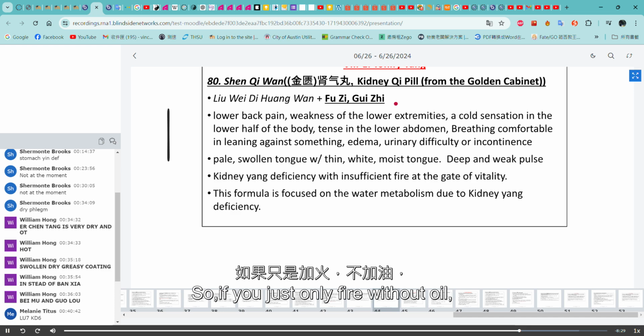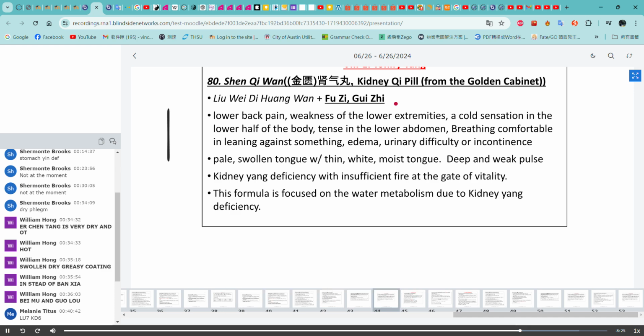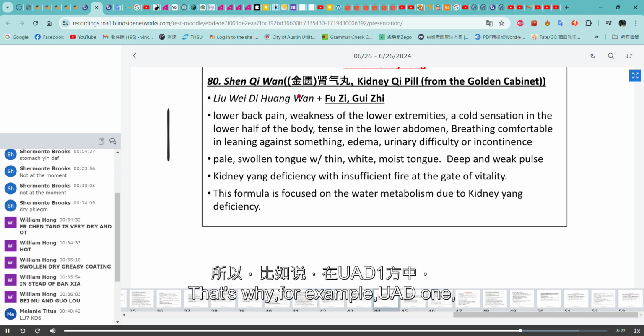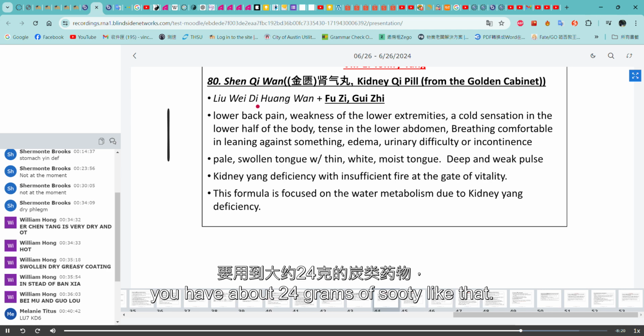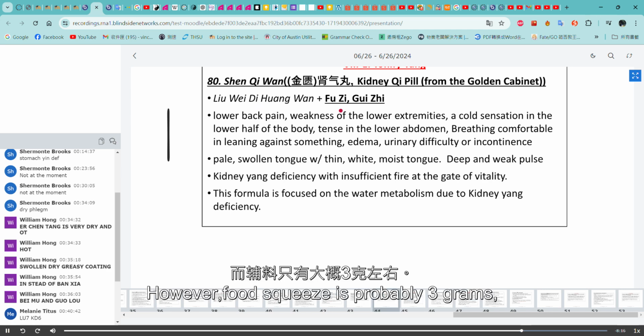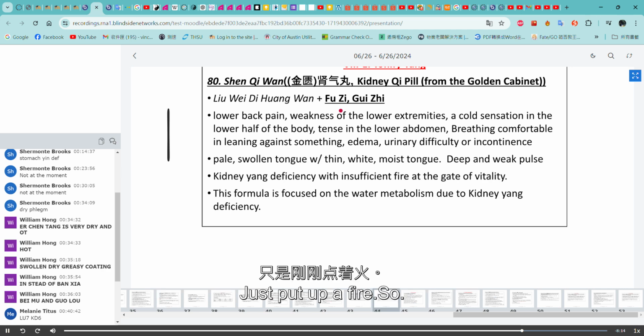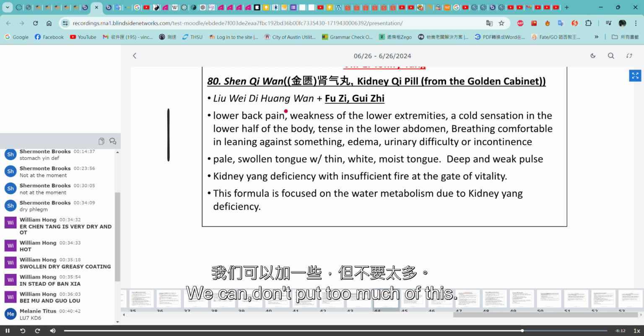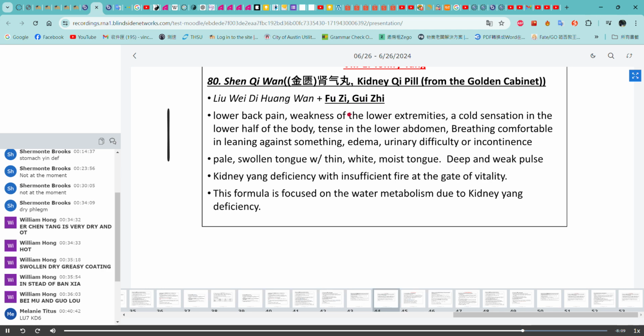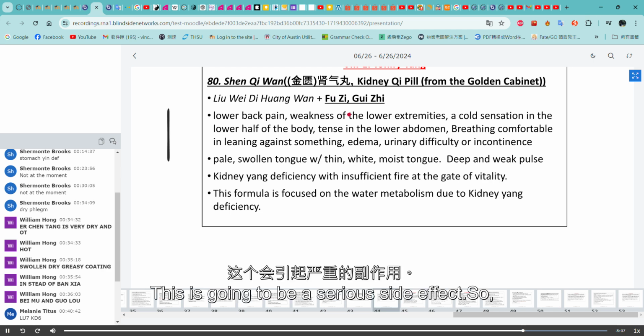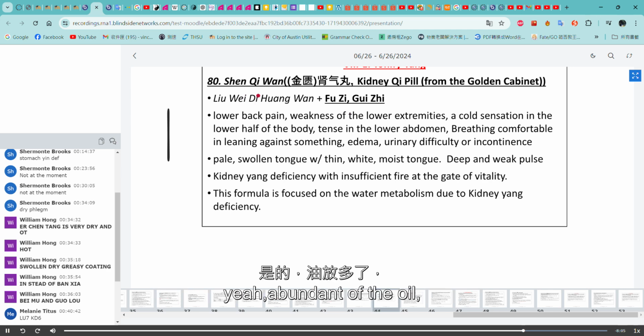So if you only have fire without oil, you're going to burn down. That's why, for example, in this formula you have about 24 grams of Shudi. However, Fuzi is probably 3 grams, very little. Just put up a fire. Don't put too much of this. This is going to be a serious side effect. So, abundant oil plus a little bit of fire. That is good.